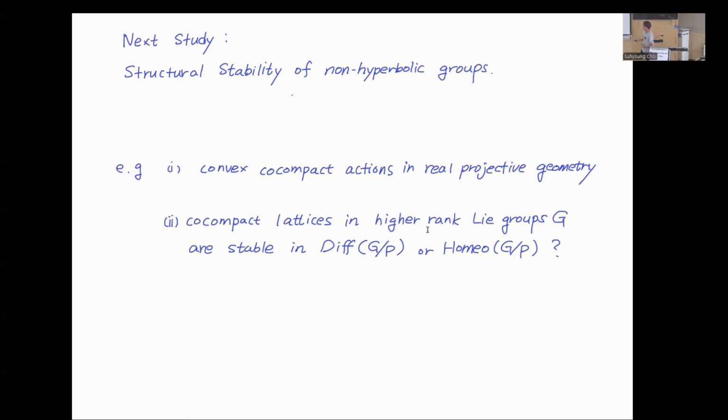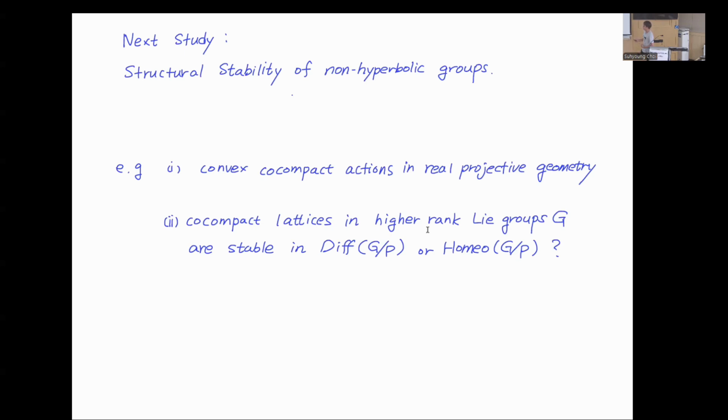And also, you can think of the co-compact lattice in higher rank Lie groups. By Margulis super rigidity, we know that the co-compact lattice in a higher rank semisimple Lie group is rigid, right? In other words, the co-compact lattice is stable in a higher rank semisimple Lie group.